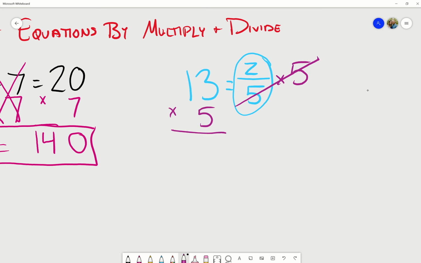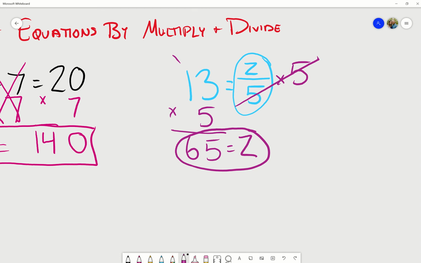And then we math. 5 times 3, 15. 5 times 1 is 5, plus 1 is 6. 65 equals z. Okay? Don't let fractions scare you today. Fractions can scare you later, but they're not going to scare you today. It's just simple division, and then we take it and do some multiplication with it. We will be okay.